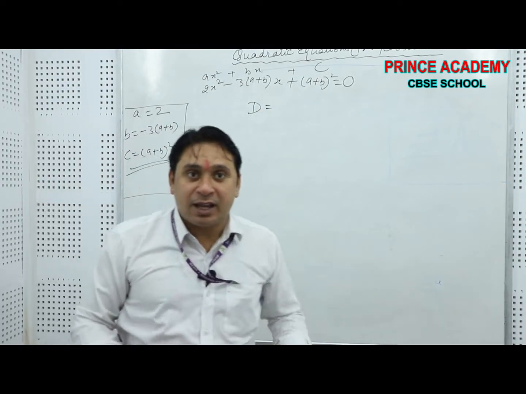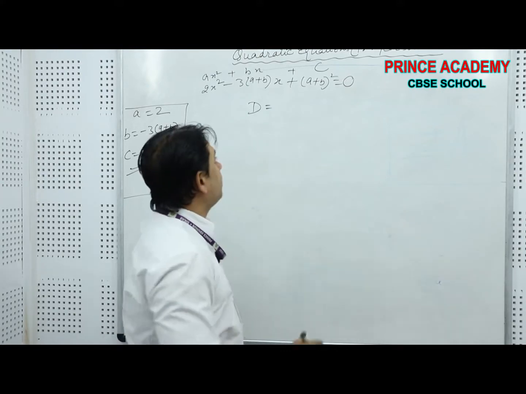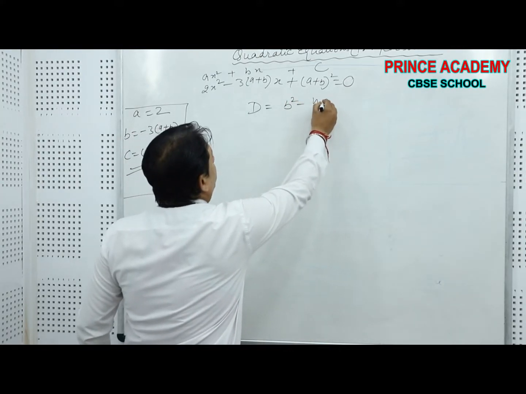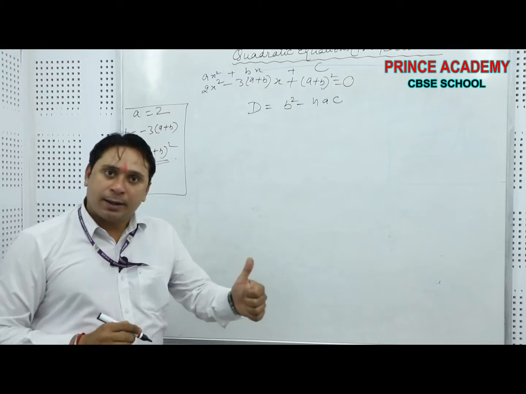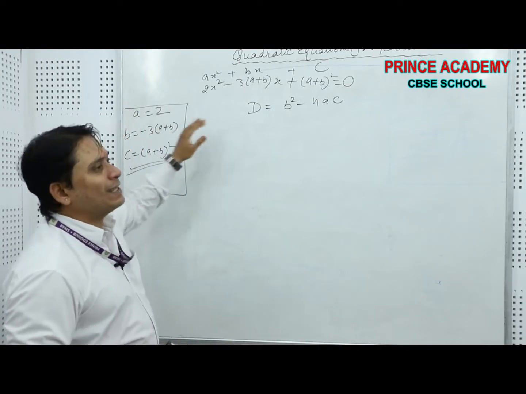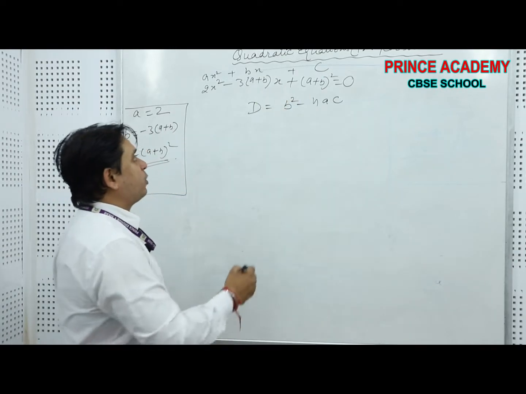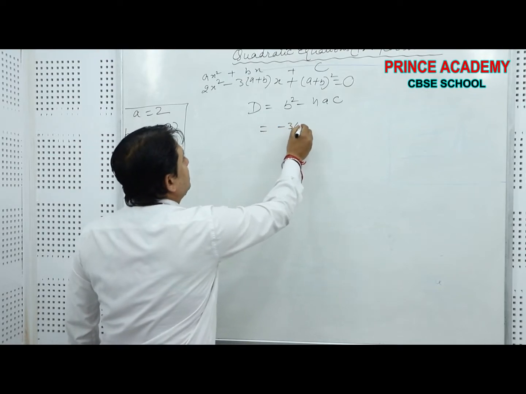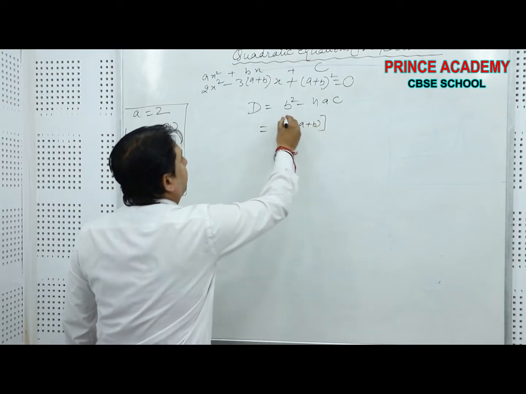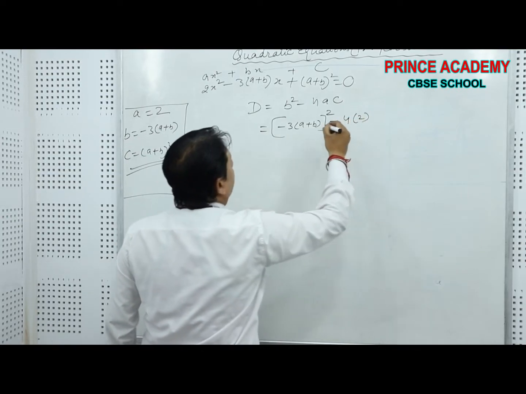Try to remember. b square minus 4ac. Yes or no? Done beta. Now we will put these values in the formula and find the discriminant for the equation. See, this is b square minus 4ac.